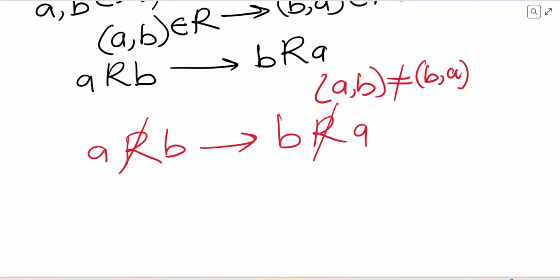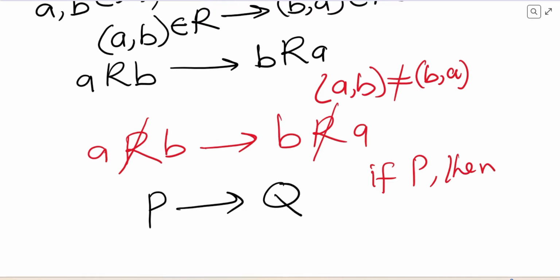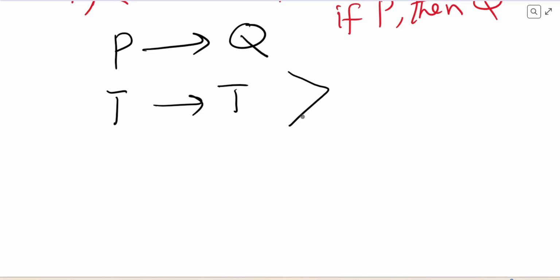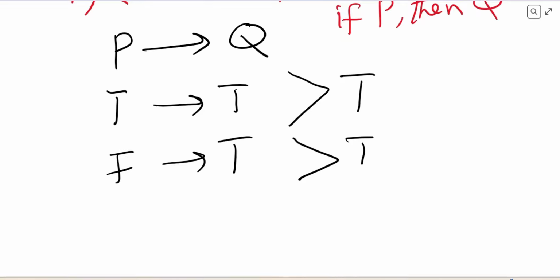This is an if statement. If you have P implies Q, we read it as if P then Q. If this is true and this is true, then the overall statement is true. If this is false and this is true, then the overall statement is true.